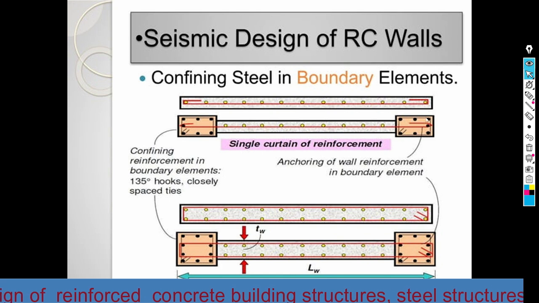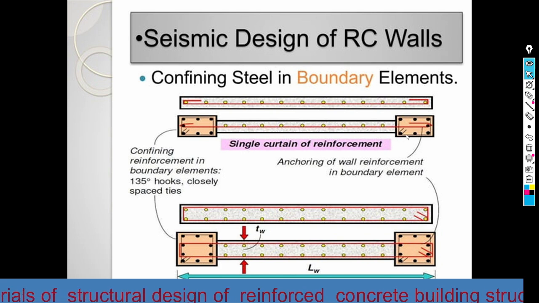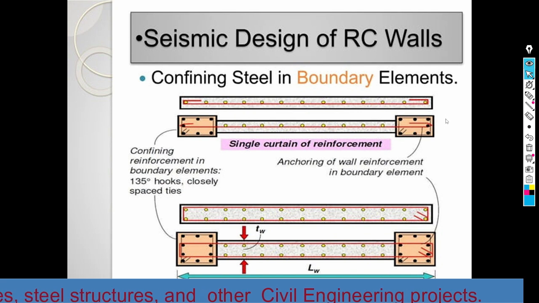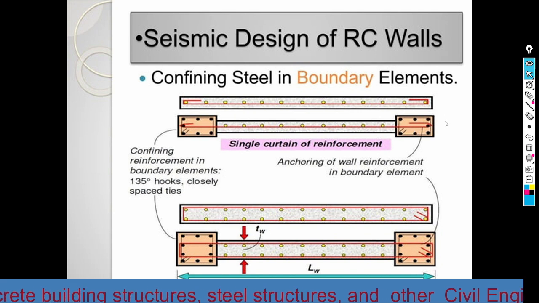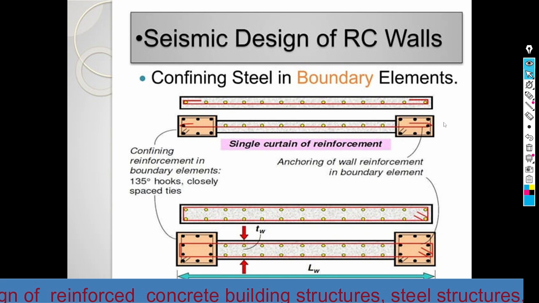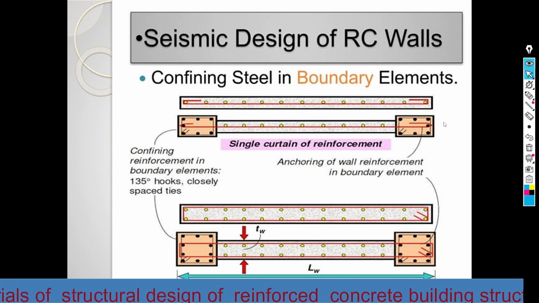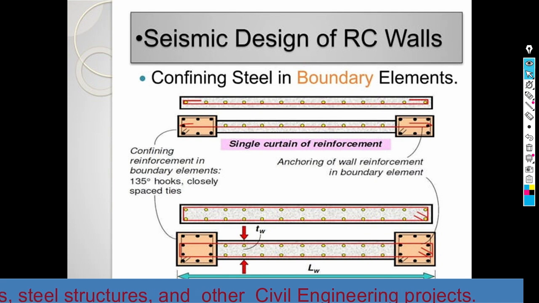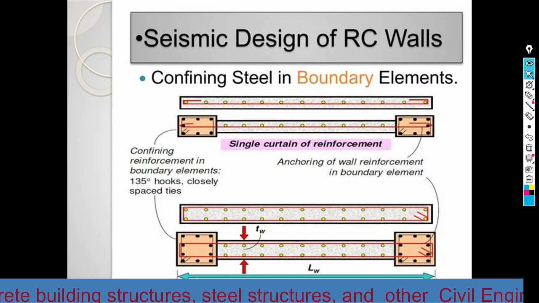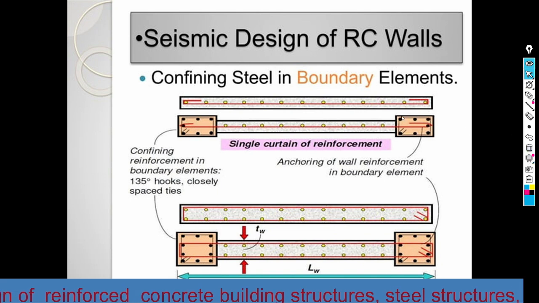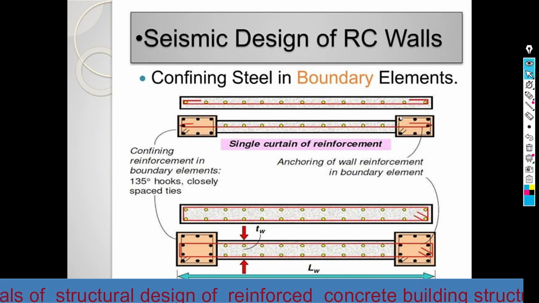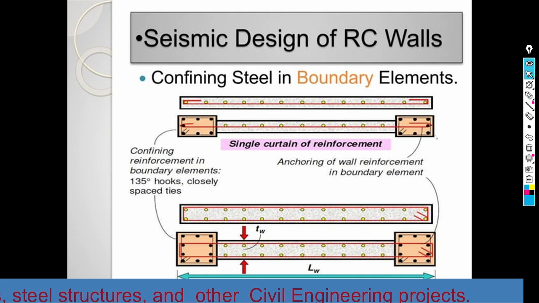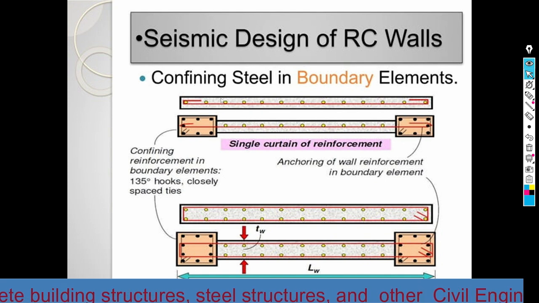We provide a boundary element where the stress exceeds the stress limit. If the stress in a shear wall exceeds the limiting stress, which is 0.15, then we need to provide the boundary element at the location where the stress exceeds the limit.